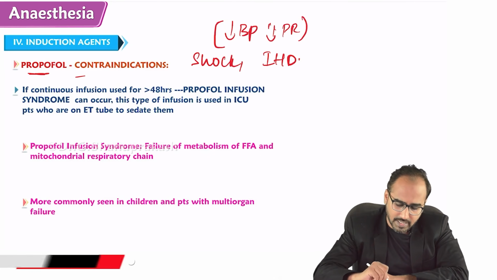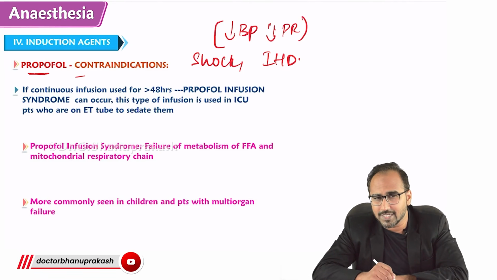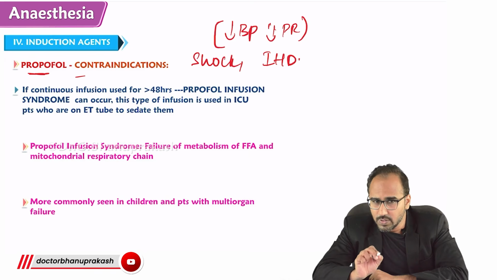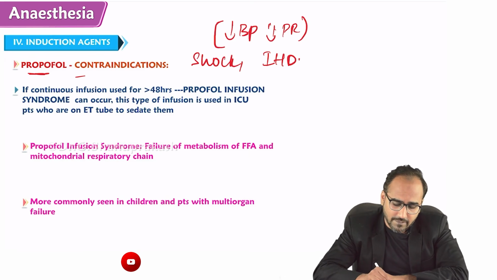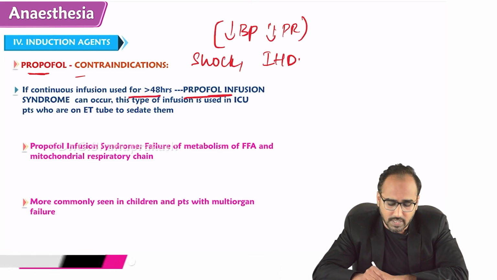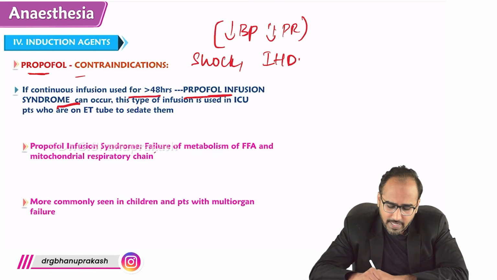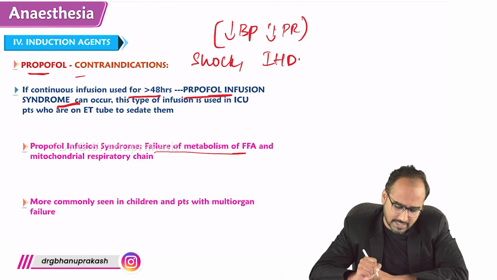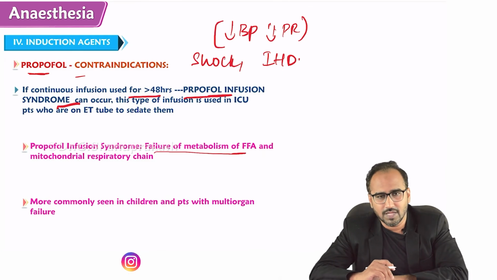The third contraindication is long-term infusion. If you give propofol for more than 48 hours in a child, the child will land up in propofol infusion syndrome, where there is failure to metabolize free fatty acids. So that is regarding propofol contraindications.